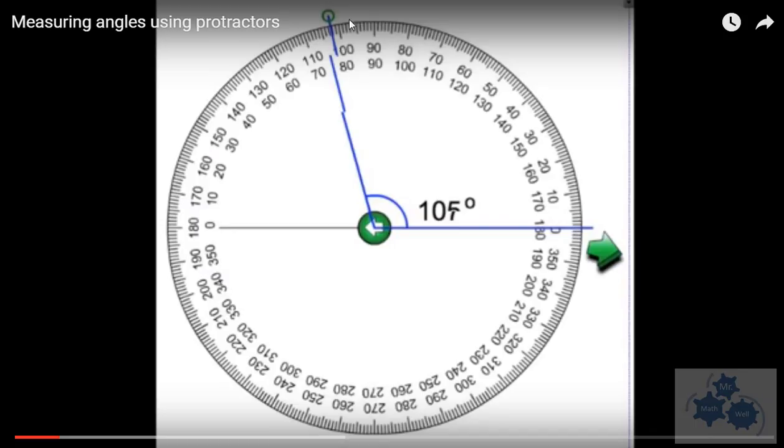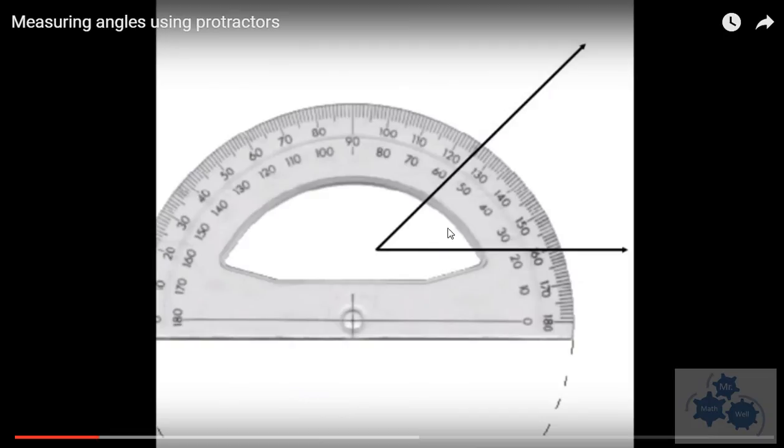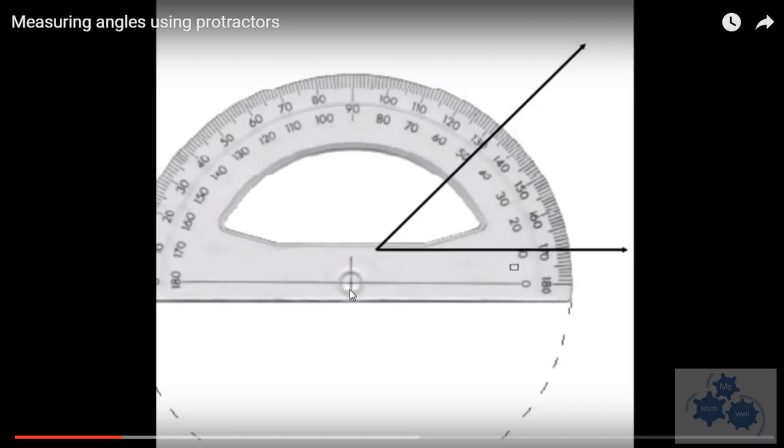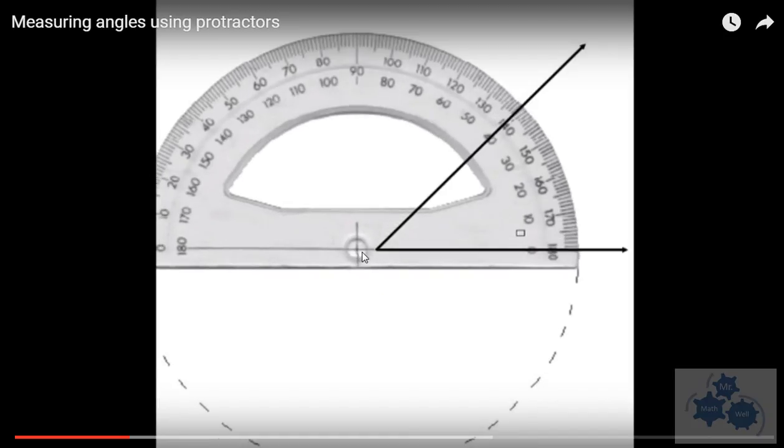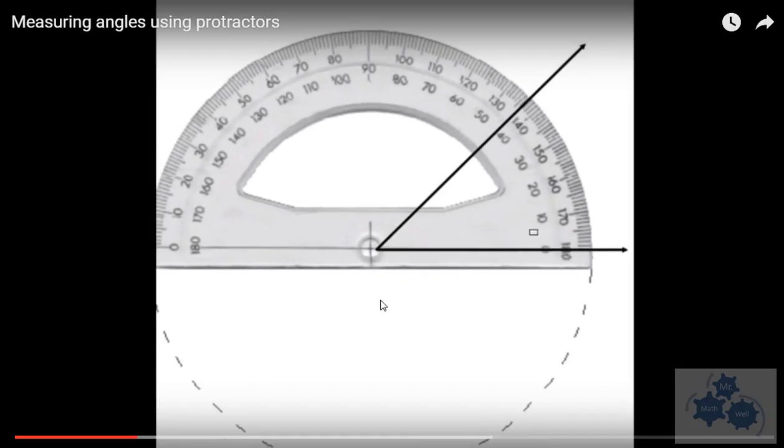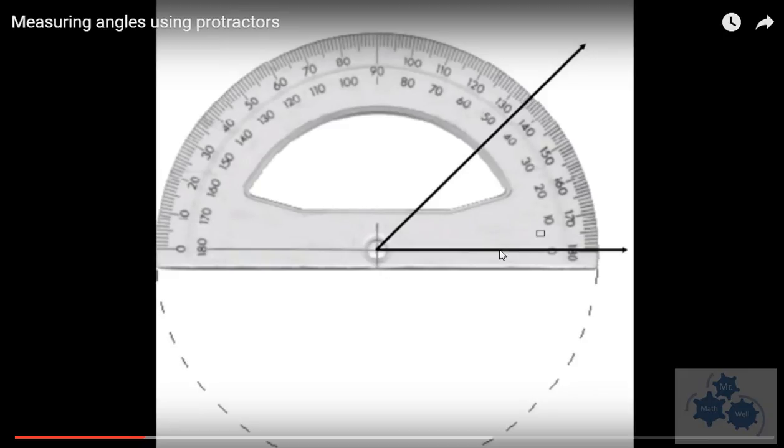This angle is 110 because it's lined up right with 110. This one is 90 right there. The protractor is going to slide up into place so that this crosshair is at the vertex, and this line is right along the 0 degrees.